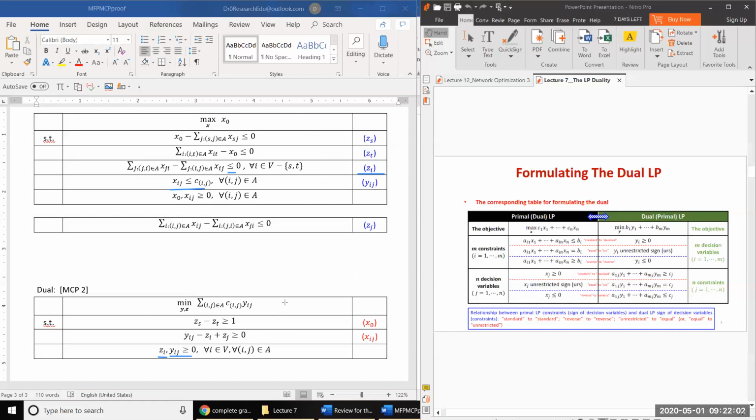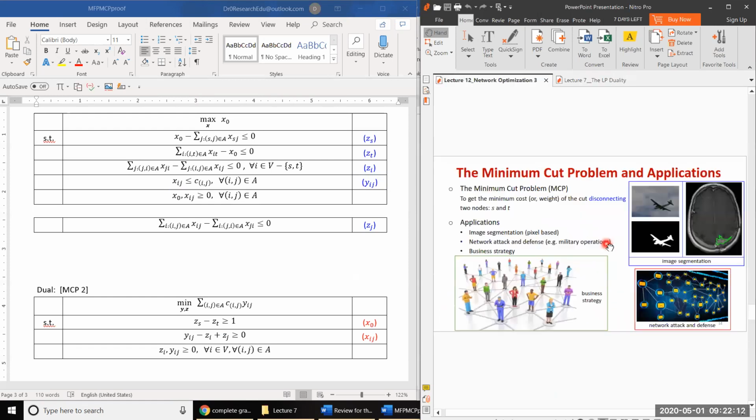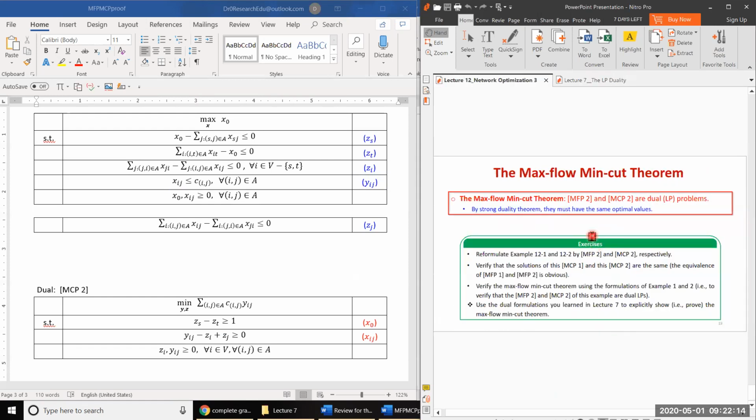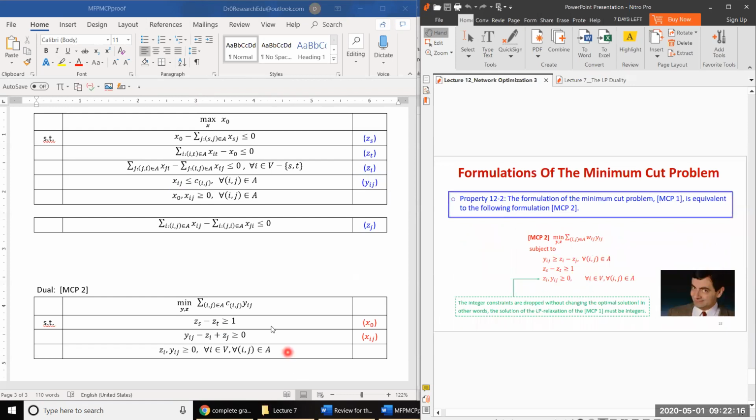And then have a look at this problem. What is this problem actually? This is exactly MCP2. Let's see here. See here? They are exactly the same. Of course, again, I changed the order. I wrote this one to be the first constraint, and all others are exactly the same.